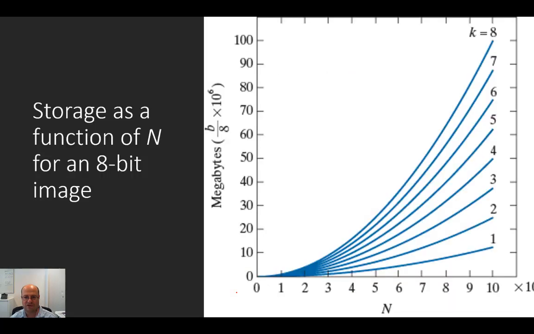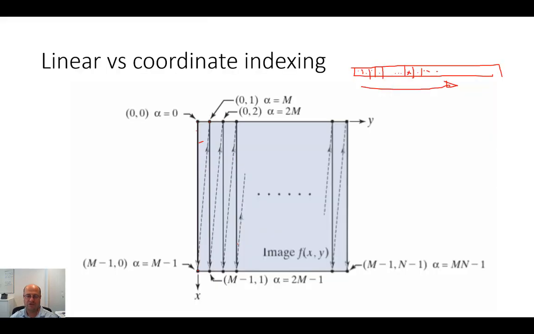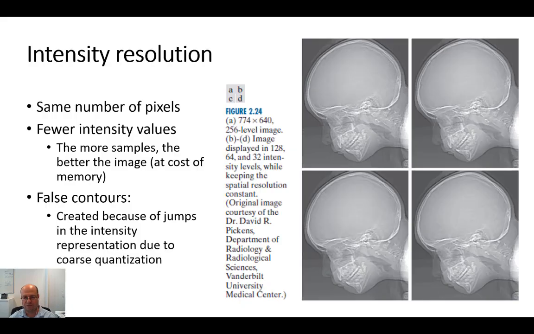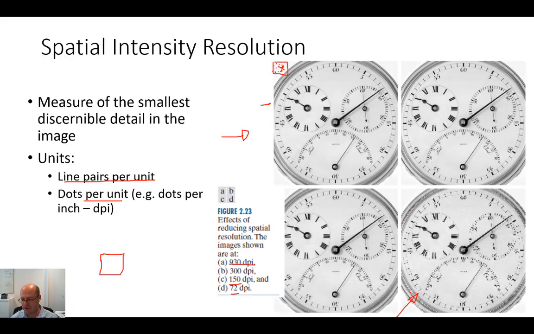This is for saving storage, and also for doing manipulations. It's faster to do a manipulation on a matrix of low spatial intensity if you don't care about details.